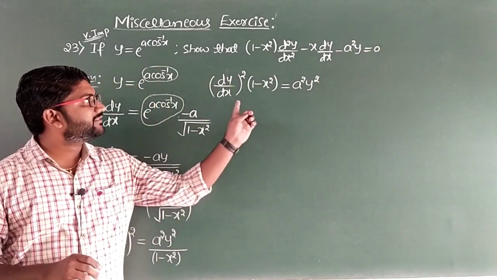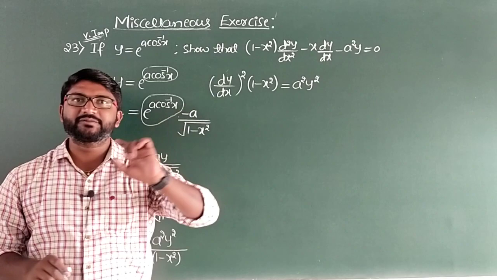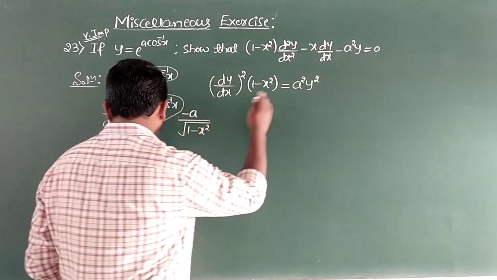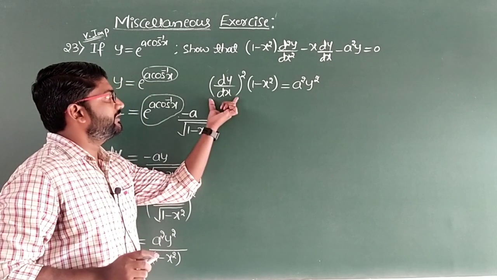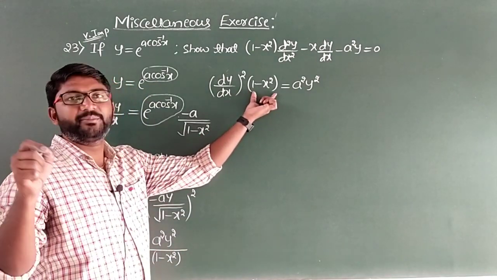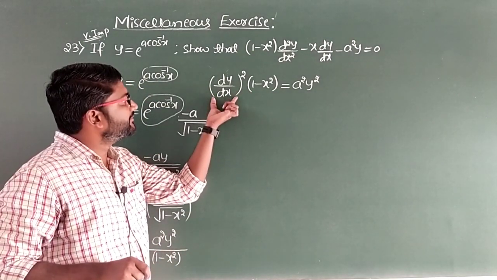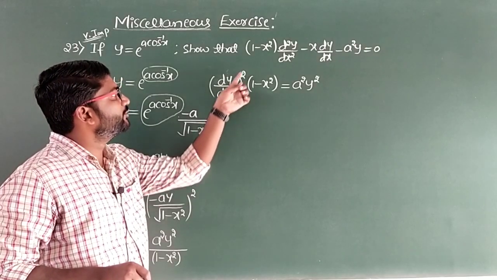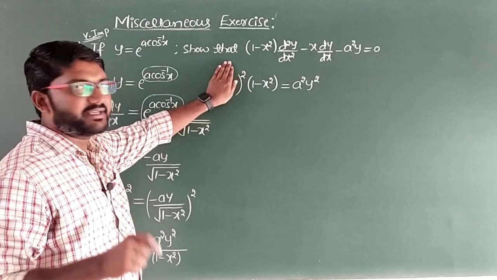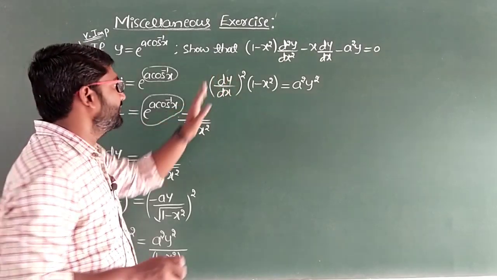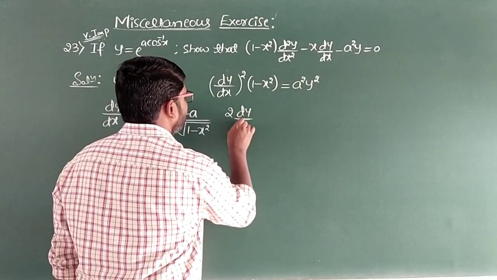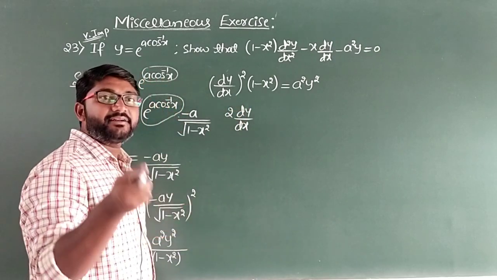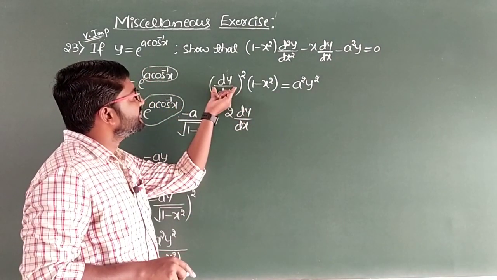Now we have to differentiate again both the sides with respect to x. So differentiating again, and here we need to make use of the product rule. This is going to be u and 1 minus x square will be v. So derivative of this particular term, dy by dx the whole square, is 2 times dy by dx, and take the derivative of this inside function once again.